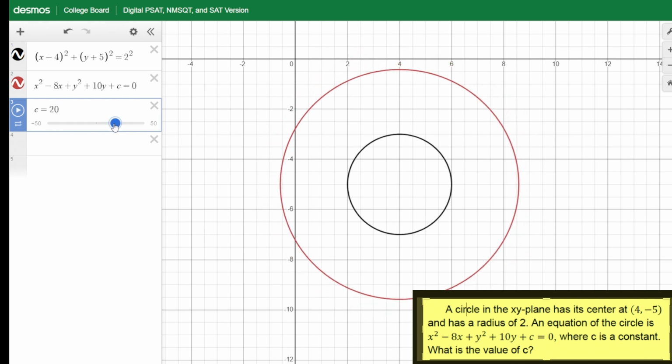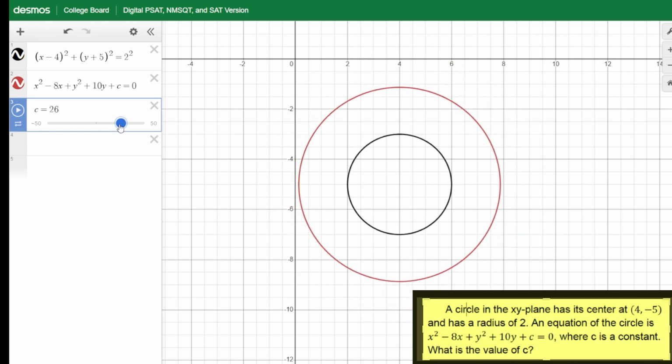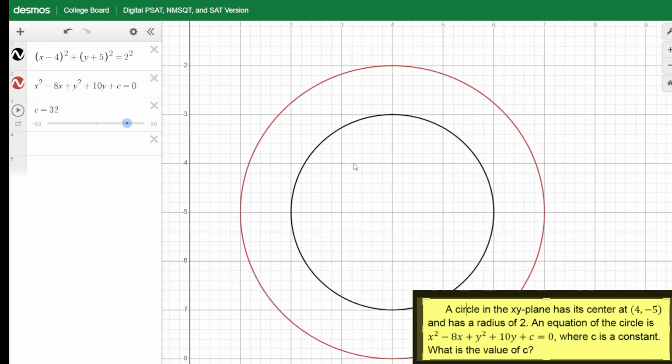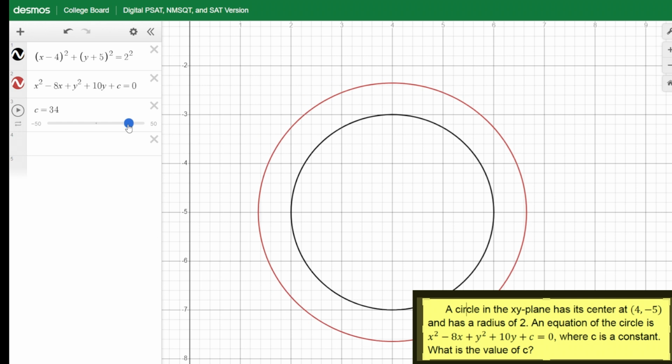And we were at 10, so let's keep increasing the value for c. And as we're getting closer and closer, let's zoom in, and we should be getting very close. Okay, so at 37, c equals 37, we only see one circle because they have become a single circle.